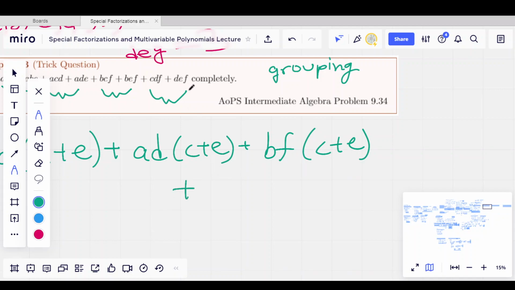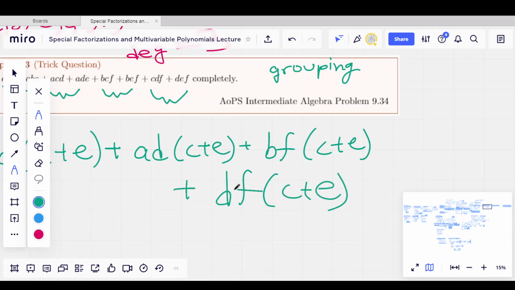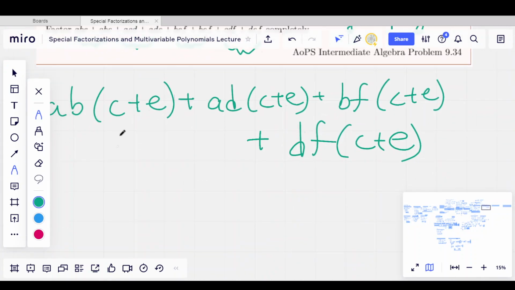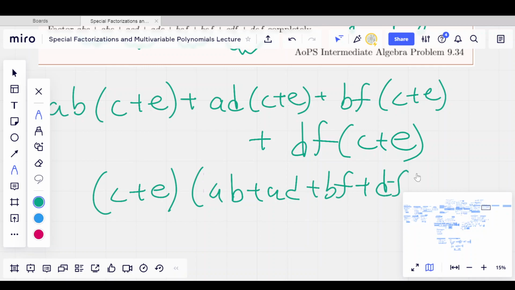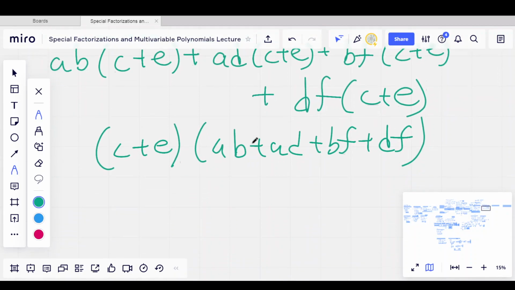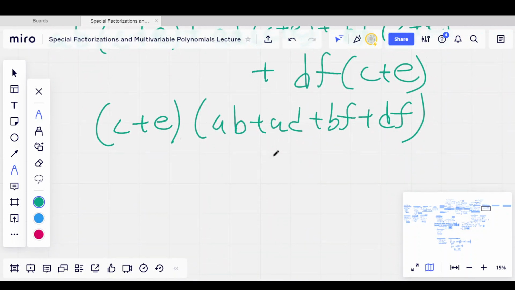Sorry, DF. C plus C. And then these C plus C's, you can just group them. C plus E times AB plus AD plus BF times DF. And then thus, this can be factored, right?